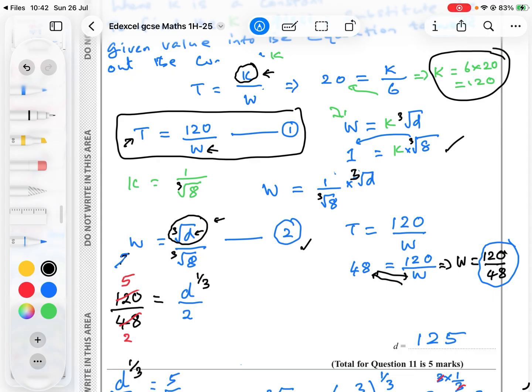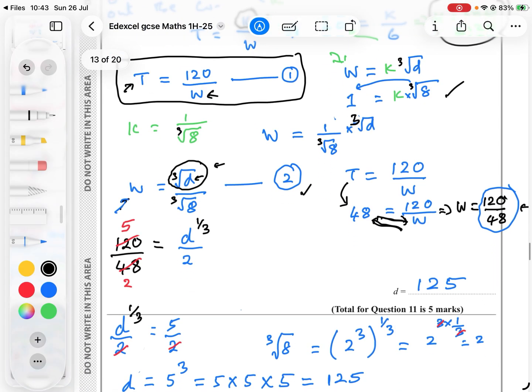When you substitute T for 48, T equals 120 divided by W. When you interchange like this, where 48 is going, W will be replaced, and for W, 48 will be replaced. So W is the subject now. W equals 120 over 48.